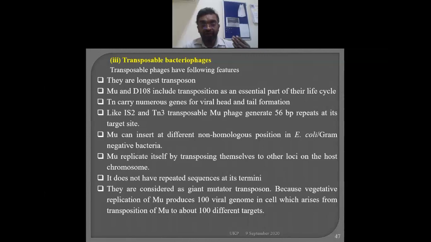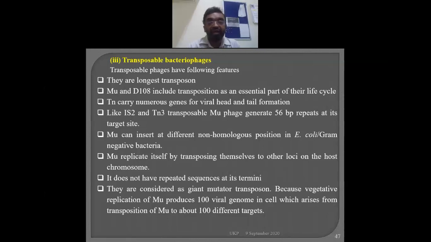In the case of the Tn3 family, we have seen that the antibiotic resistance gene is there, then the TnpA is there, the TnpR is there, meaning three genes are there. But here, so many genes encode the head, so many genes encode the tail and related allied parts of the bacteriophage. So all of that consists of a single transposable element, and it is going here and there, and in that way they are moving.